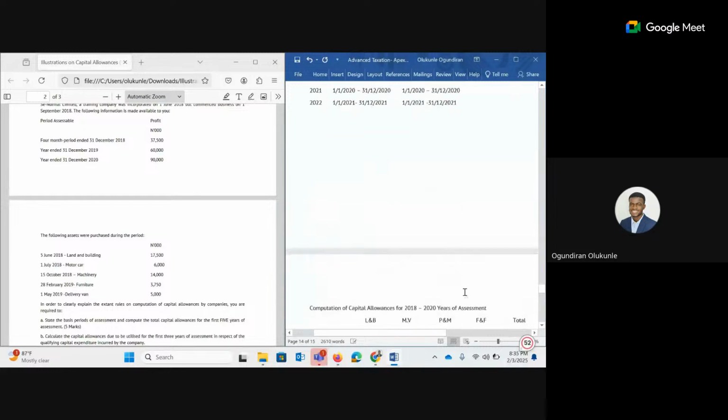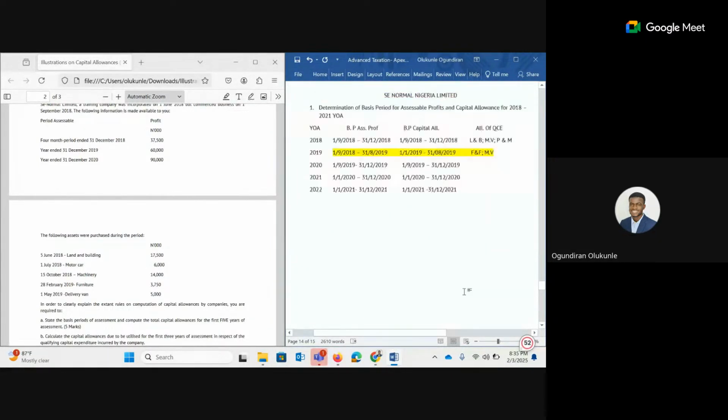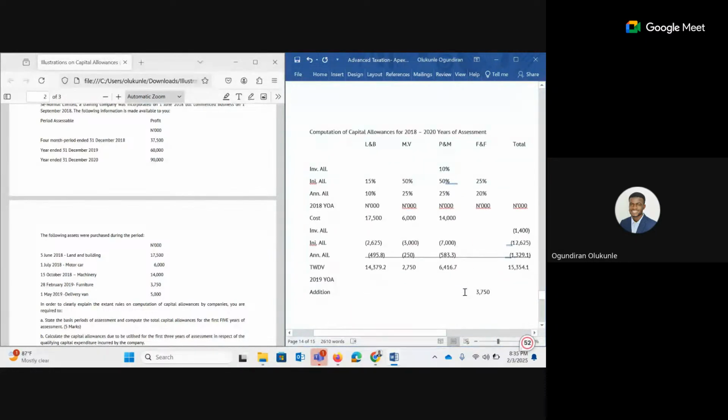So the cost of furniture and fittings is 3,750, right? And then that man has an additional motor vehicle, right? So what's the cost of the motor vehicle purchased? 5,000. Right. Then for the new asset purchases, you have initial allowance, right? So what's the initial allowance here? 2,500, I believe.